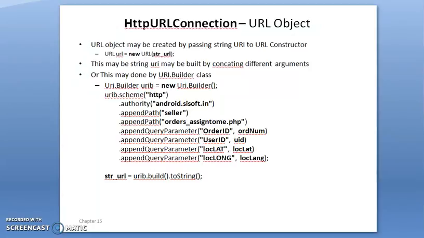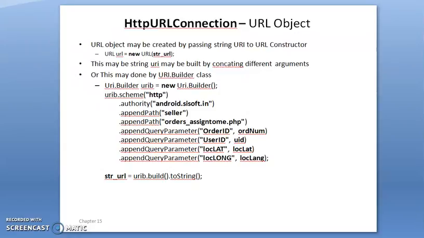In the Uri builder, we pass all the parameters one by one. We pass the scheme, whether this is HTTP or HTTPS. Then the name of the server, then the various paths appended to that. So we append the path, and then the parameters we are sending along with the URL. If it is a GET kind of request, then the parameters go along with the URL.